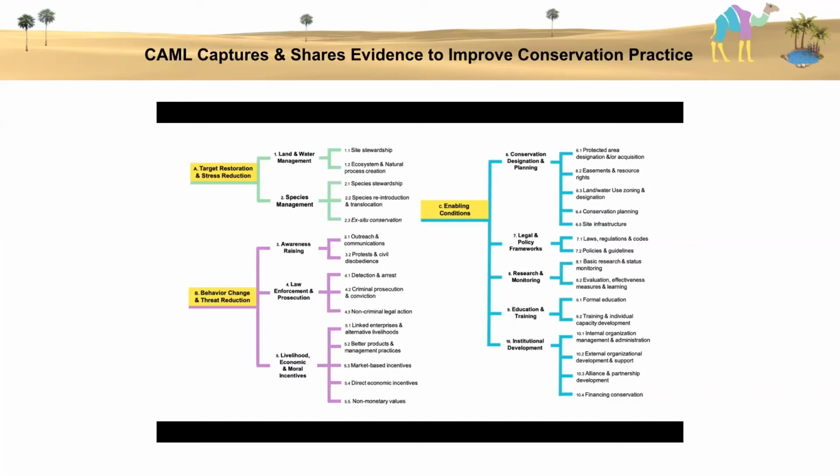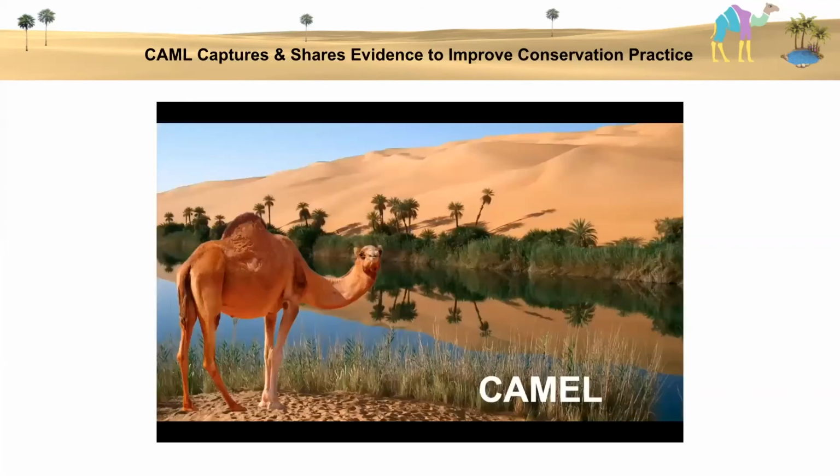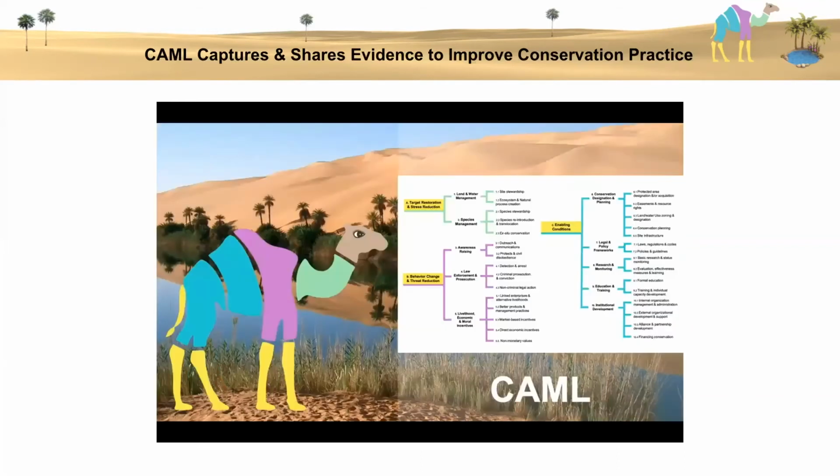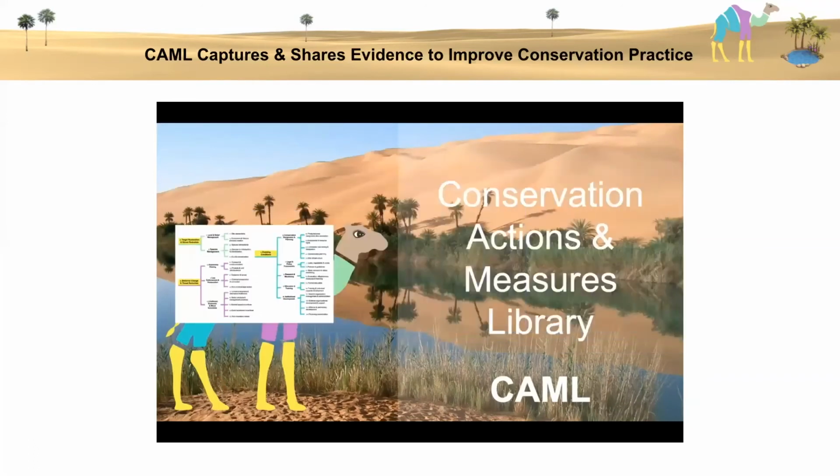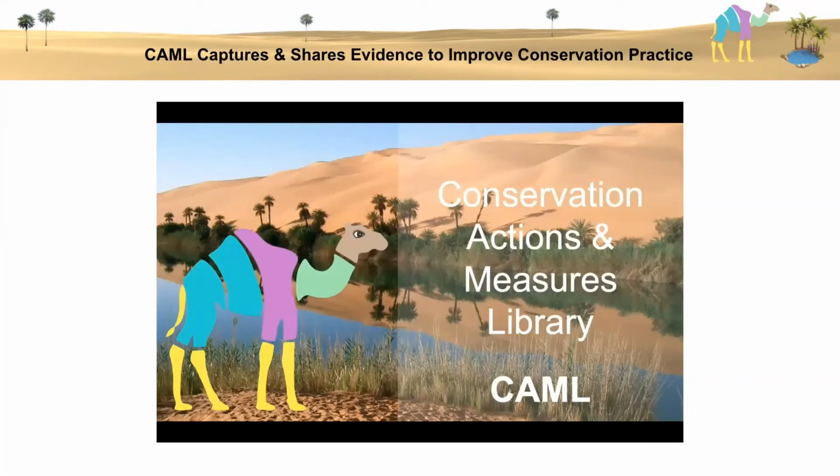We've taken this taxonomy and turned it into a tool, a set of generic recipes for effective conservation, or CAML. No, not that CAML, this CAML. This CAML uses the Conservation Actions taxonomy to build the Conservation Actions and Measures library. CAML is a library of common actions and measurements used globally by conservationists.